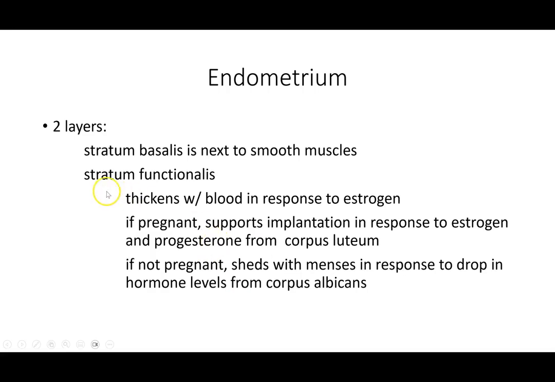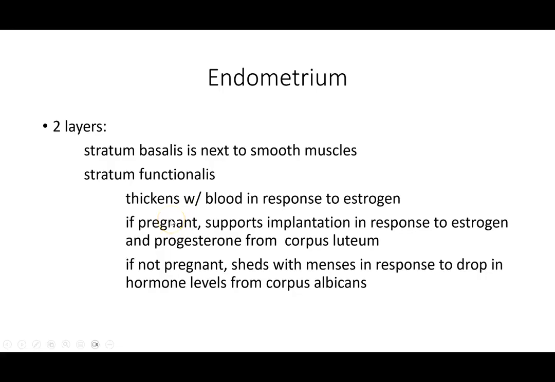The endometrium has 2 layers, stratum basalis and stratum functionalis. The stratum basalis is right next to that smooth muscle, the myometrium. The stratum functionalis is more internal, so this is the layer that is thickening and growing with blood in response to higher estrogen levels.